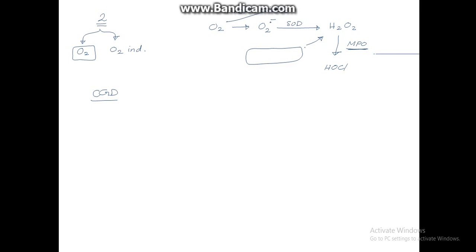However, when we have catalase positive bacteria, we know that catalase actually destroys the hydrogen peroxide, and it turns it into water. And this means that in chronic granulomatous disease, we would have recurrent infections with catalase positive bacteria.